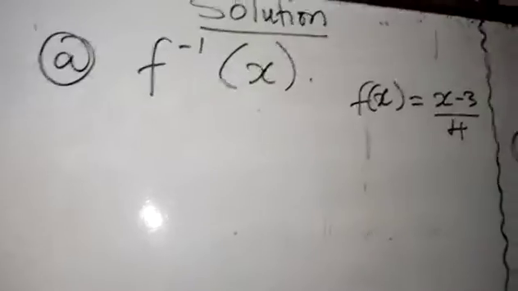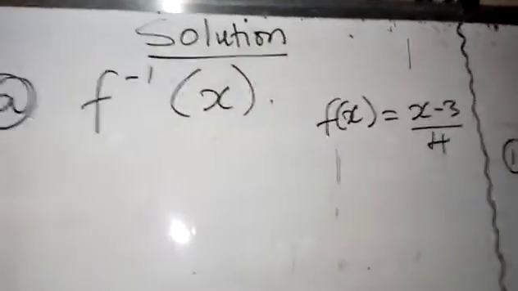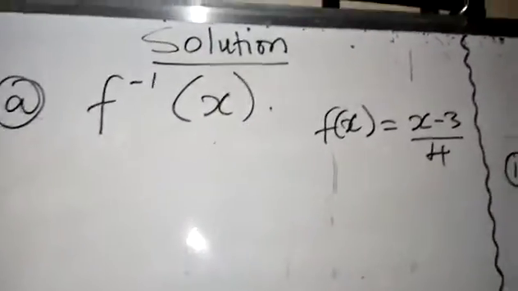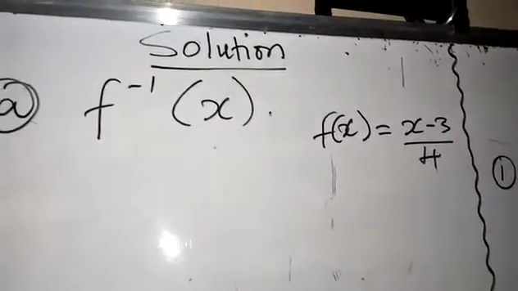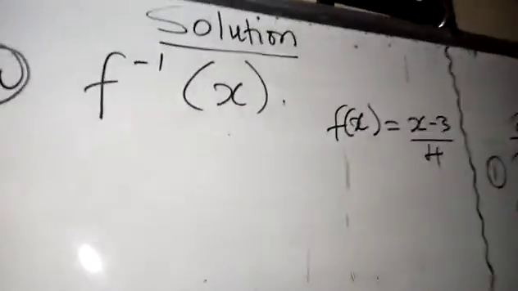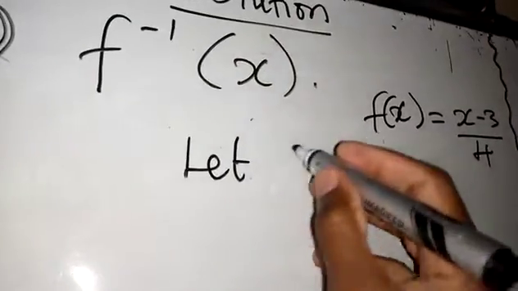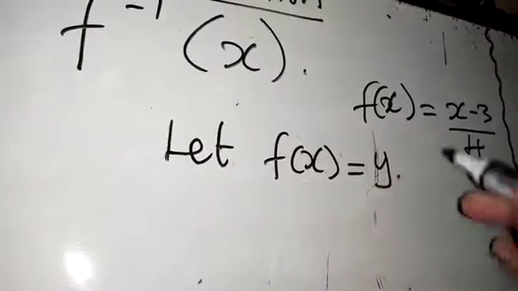There are 3 steps involved in finding the inverse of any given function. The first step, you let the given function be equal to letter y. You just say let f of x be equal to y.